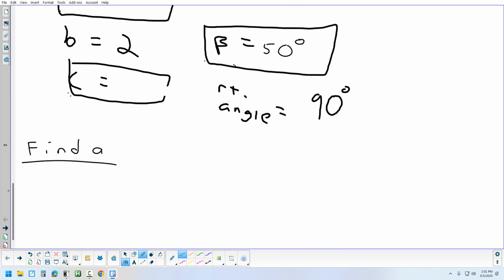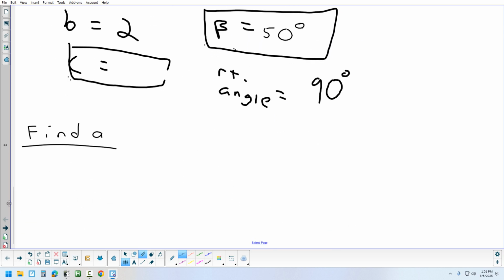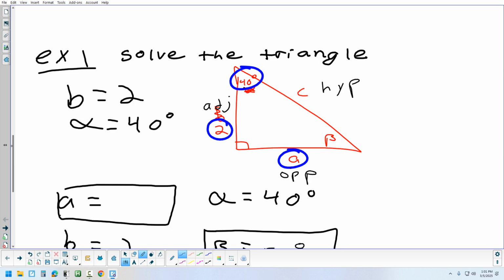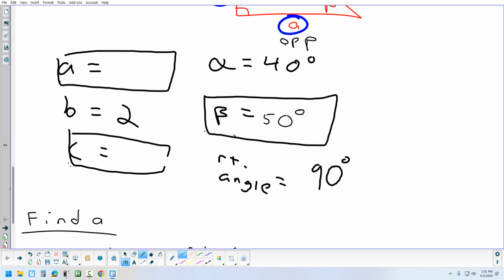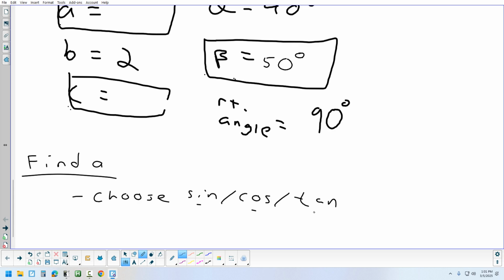Every problem we do today, we're going to either choose sine, cosine, or tangent to solve. We're not using secant, cosecant, and cotangent. Maybe we don't have buttons for them on the calculator. The way that you figure out which one to pick is you look at the names of the sides, opposite and adjacent. Which trig function has those 2 in it?